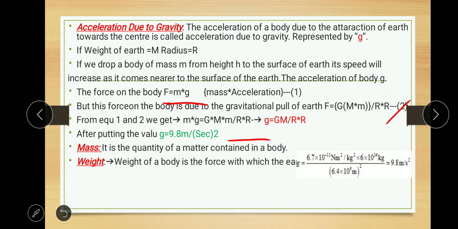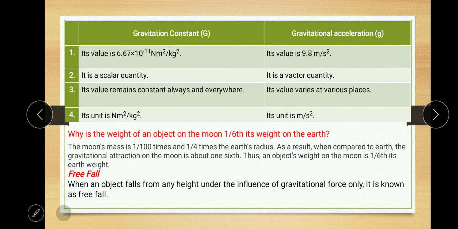But mass is only m, while weight is m into g. So obviously mass and weight are different, because g is multiplied, right? Now there are two differentiations. One is small g and capital G, and on the next slide we will discuss mass and weight.